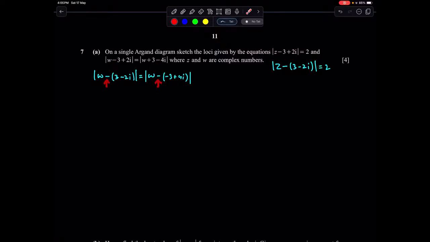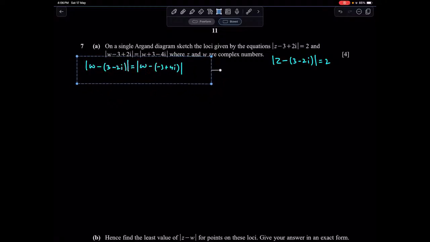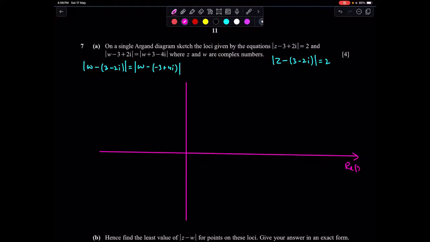These must be negative. This one is also negative. Real part of z, imaginary part of z.